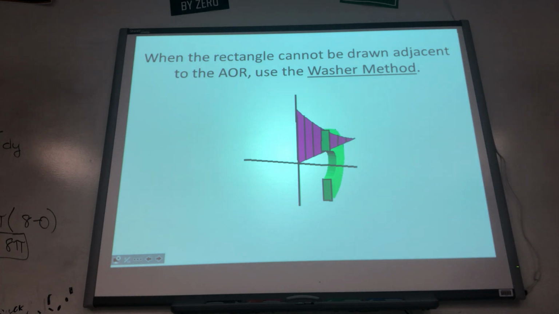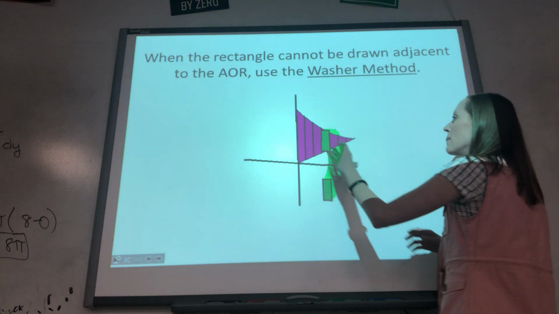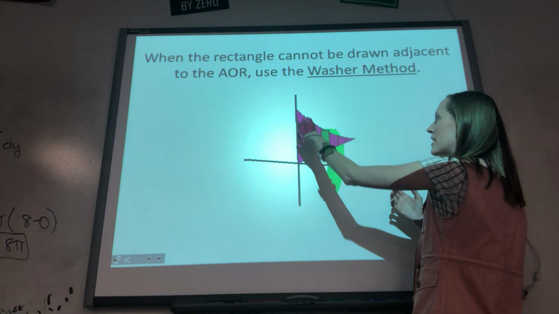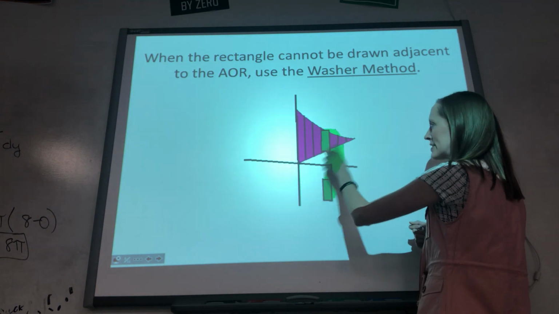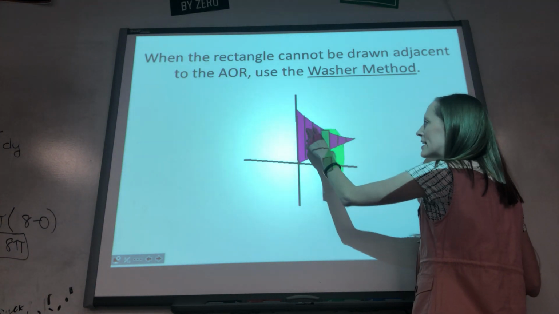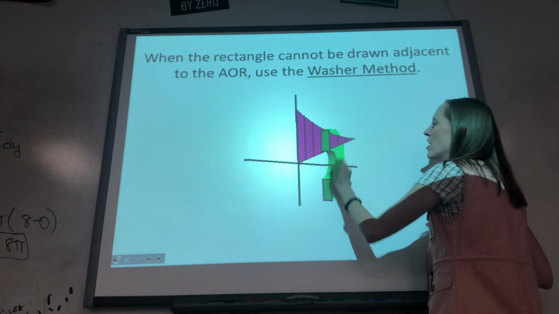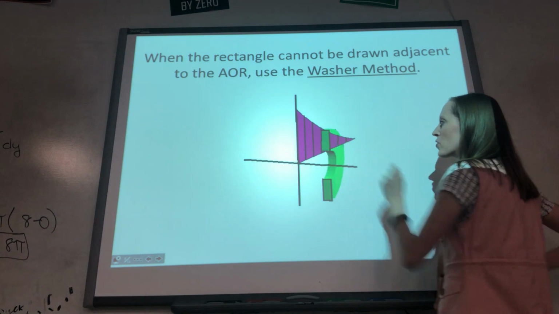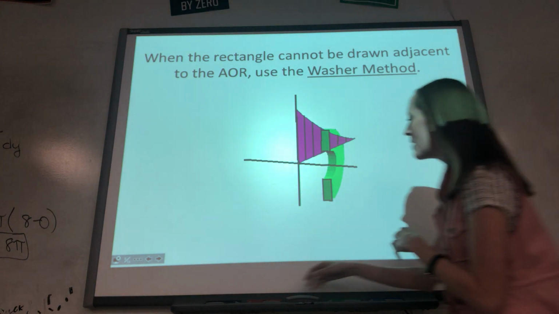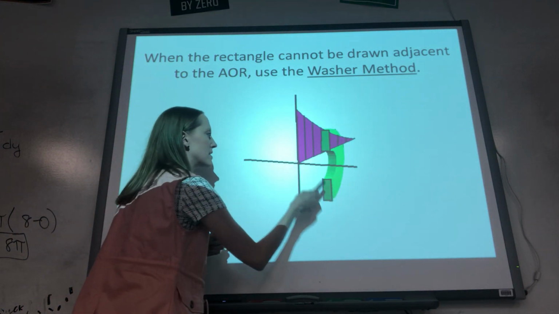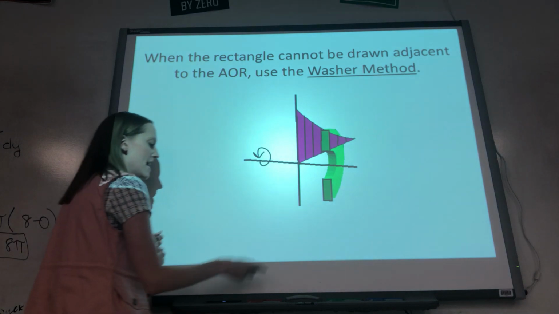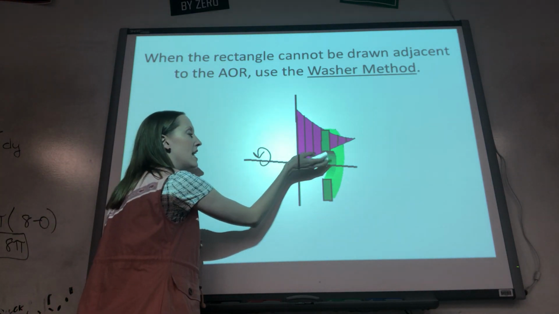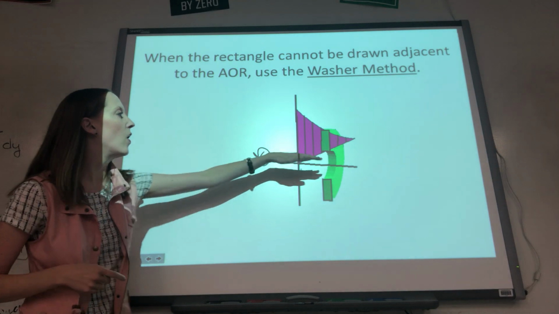You don't have to try and copy this down again. The bounded region here was just this purple part. And you can see all these rectangles in here. The one that they're looking at in particular is the one in green. Since it's being spun like that, this is my axis of revolution. So look at this rectangle.